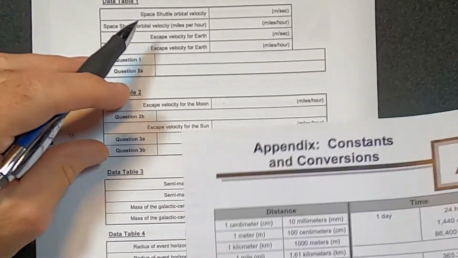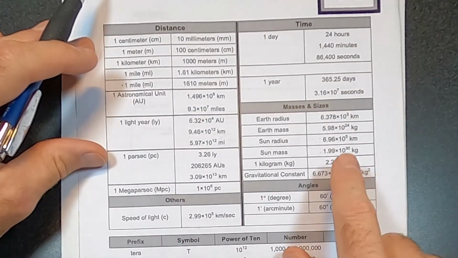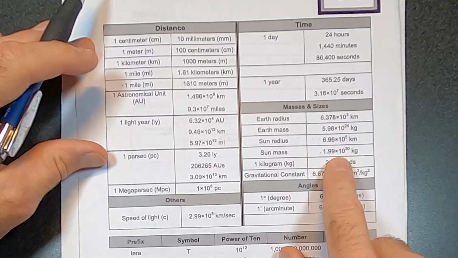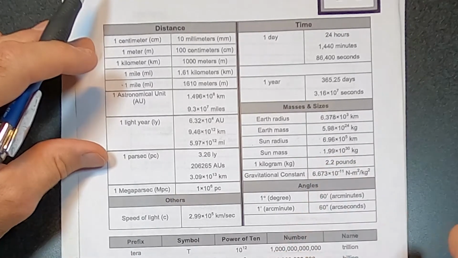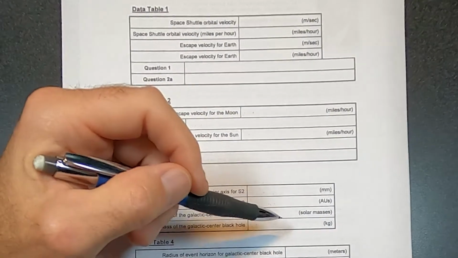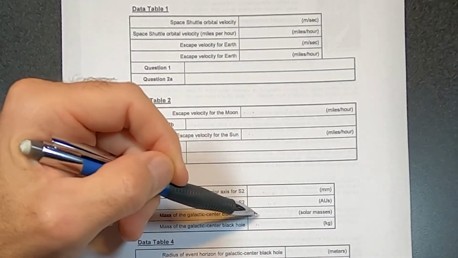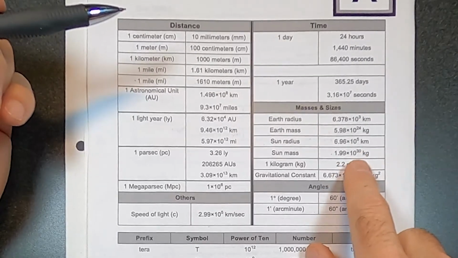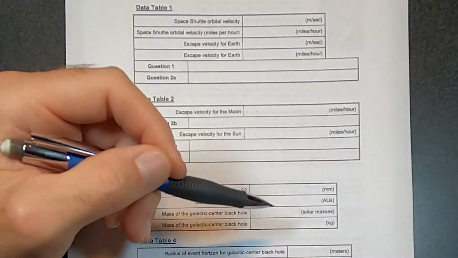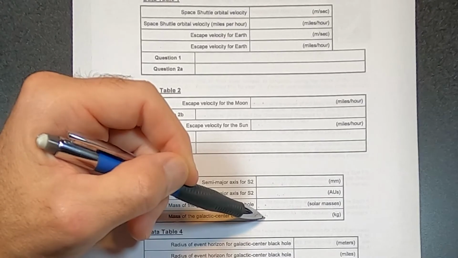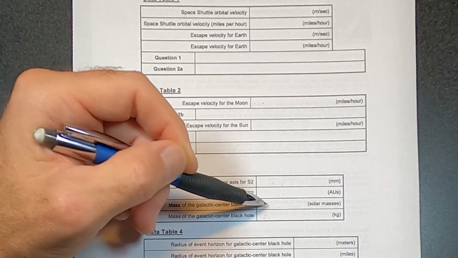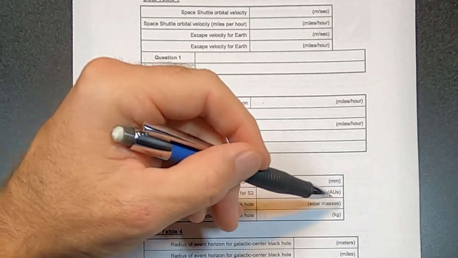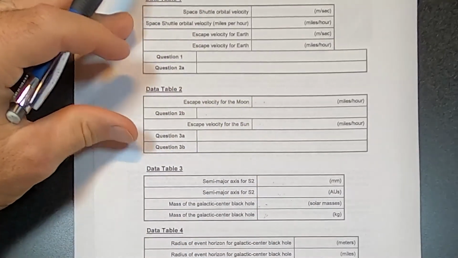The way that you do that is you multiply this number by this number. This number times this number will give you the converted mass in kilograms. Okay, so it's a multiplication. And then again on Canvas, you can check all of these numbers to make sure that they're right.